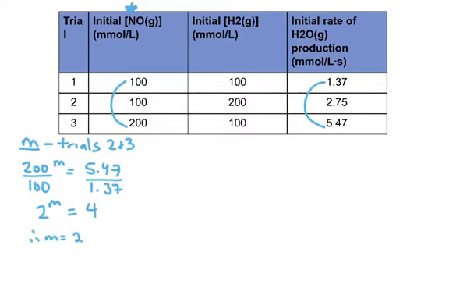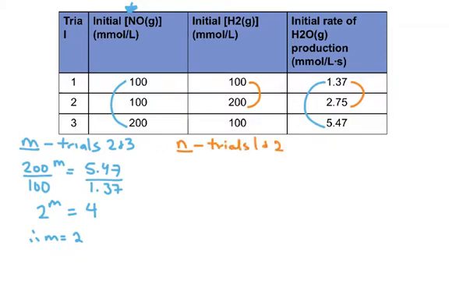All right, let's look at ingredient number 2 now. A good choice here would be trials 1 and 2, because if I look at ingredient 1, nothing's happening there, which means the change in rate between trials 1 and 2 is just because of ingredient 2, which is exactly what I want. So trials 1 and 2.